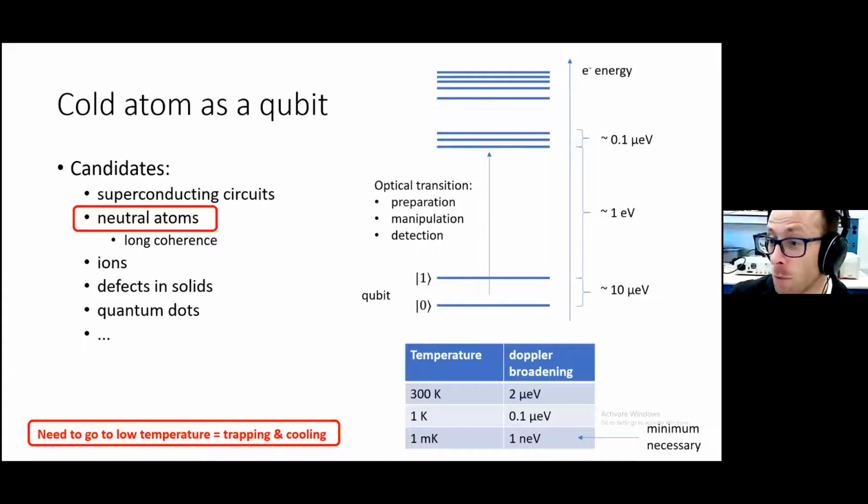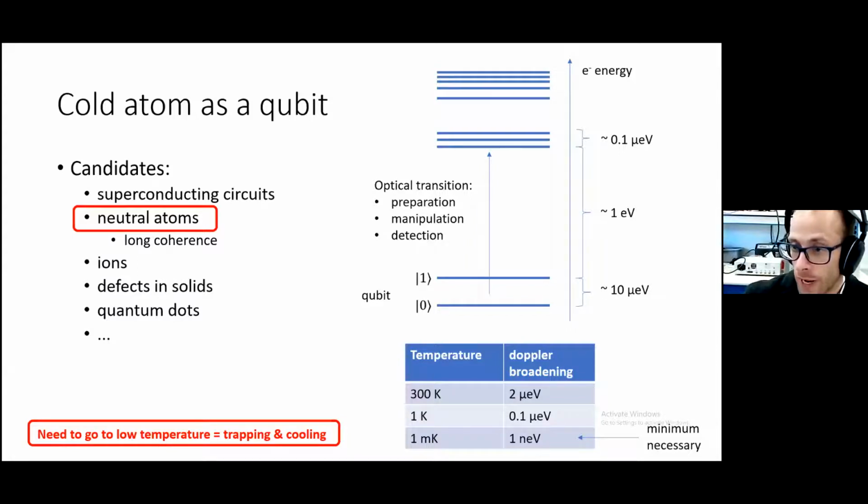And due to the Doppler broadening, the fact that atoms fly around at very high speed, that completely blurs the spectral lines, and that makes spectroscopy very hard.